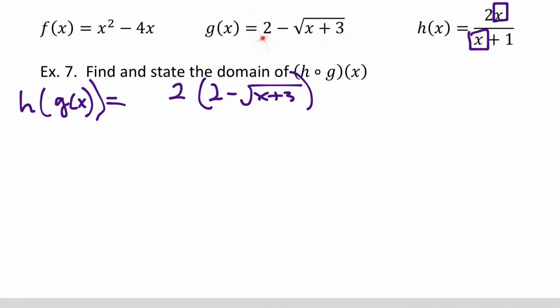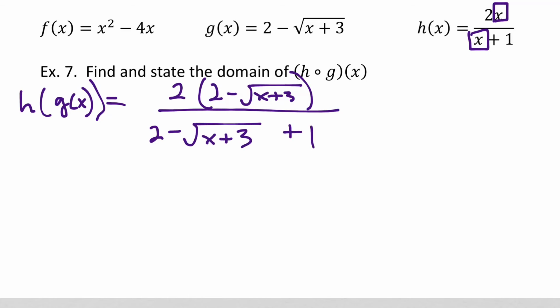So g is going into h. This is your g, all of this going into your h. And then it also has to go here in the denominator. So g plus 1 in the denominator. So g is 2 minus the square root of x plus 3 plus 1 in the denominator. Let's simplify this a little bit.